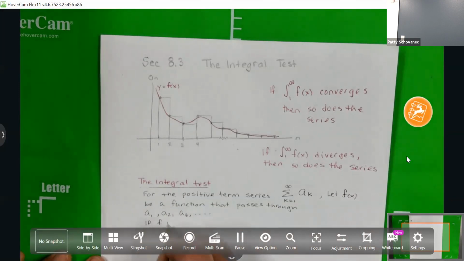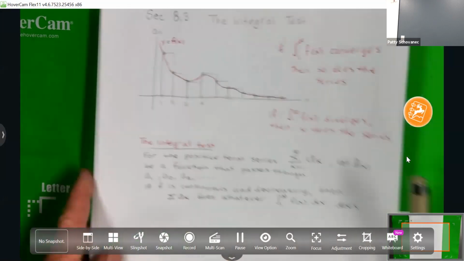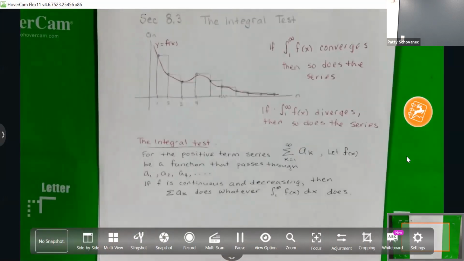If f is continuous and decreasing, then the series does whatever the integral does. If the integral converges, then the series converges. If the integral diverges, then the series diverges.